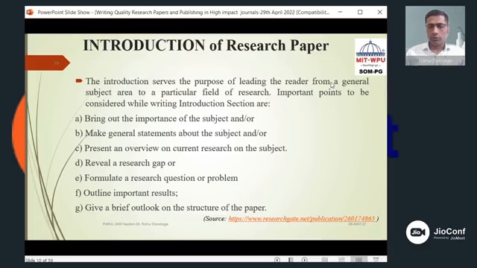We should also give a brief idea about the various sections present in our research paper, like in our presentation we started with an outline. Similarly, in the introduction we should give a brief guideline about what different contents our research paper will include.